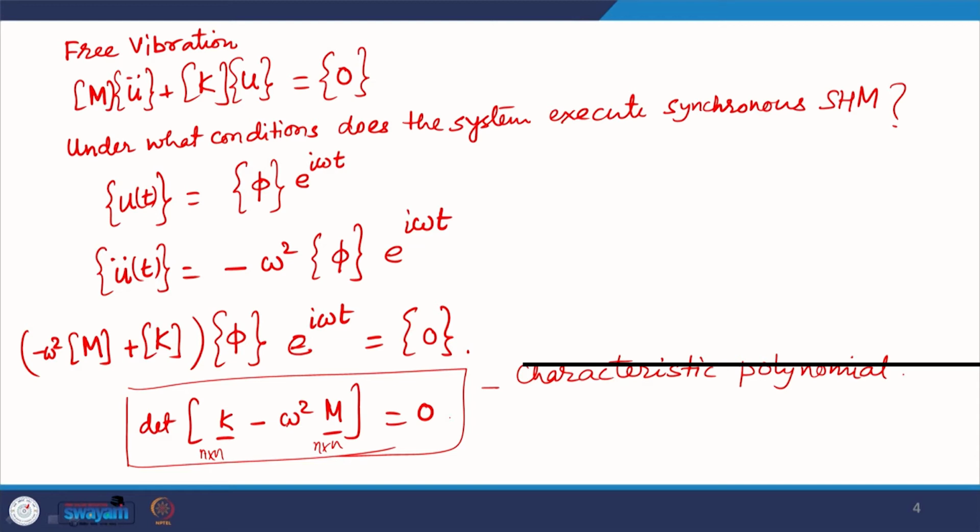Eigen is the German word for character. So, those are the eigenvalues, and the positive square roots of those eigenvalues will be the natural frequencies of the system.